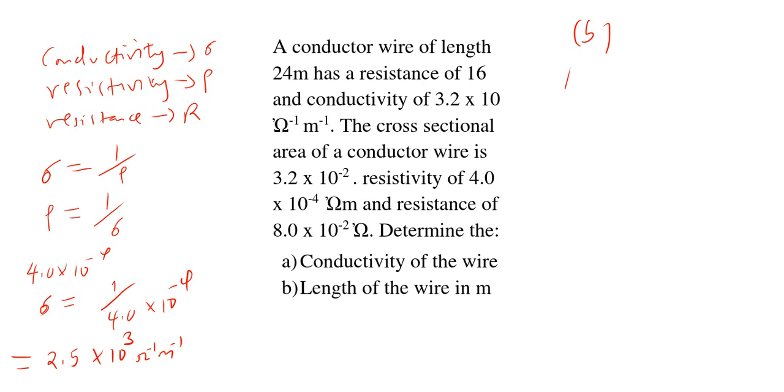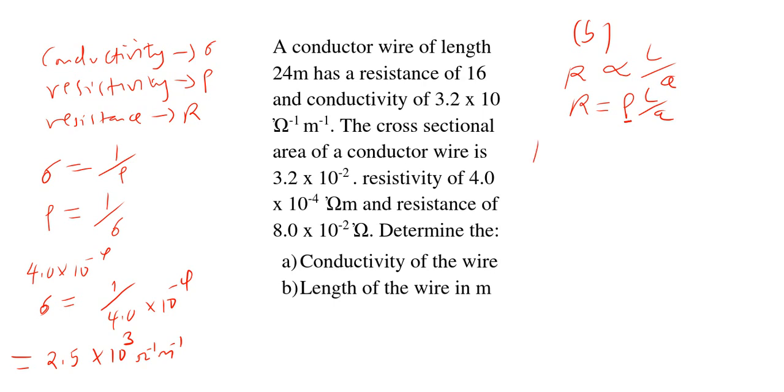So we have the relationship that resistance is directly proportional to length and inversely proportional to cross-sectional area. So when we introduce a constant of proportionality, resistance is given by rho L over A, where this rho is the resistivity that has been given.